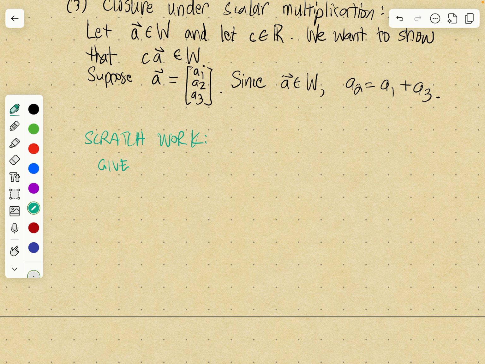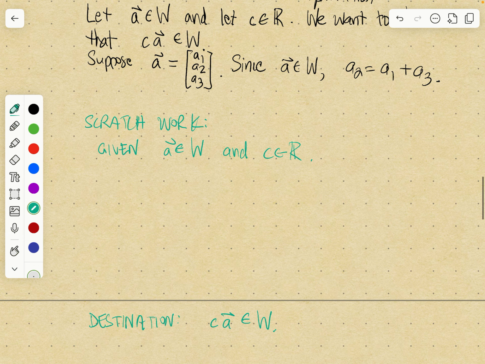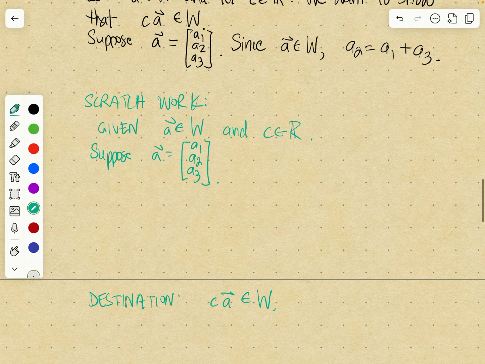So what we're given is that A is in W, and we're given that C is in R. And our destination is we want to show that the scalar multiple CA is an element of W. And what we have to work with is the components of A, so suppose that A is the vector (A1, A2, A3). Now we can actually work with these real numbers, A1, A2, and A3.